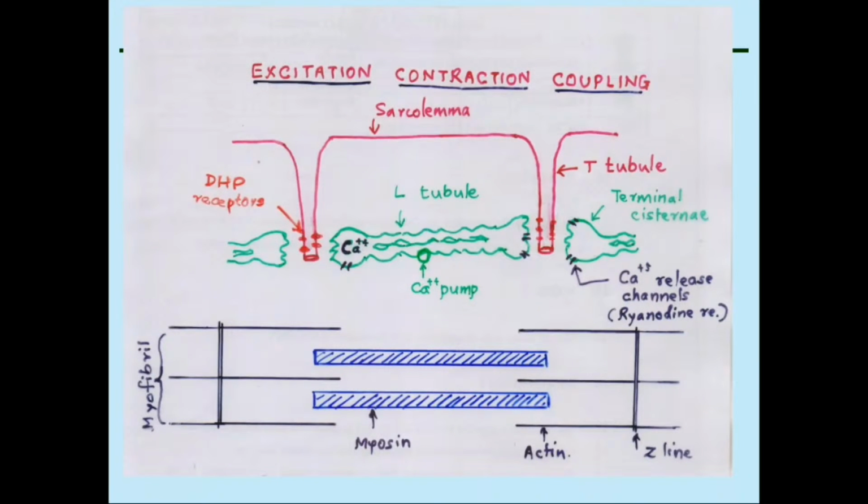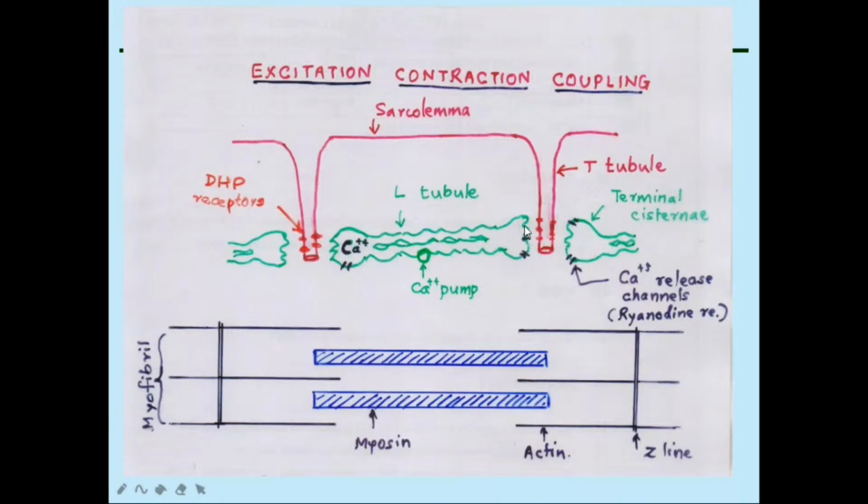Right. So you can see here, this is the sarcolemma, that is the cell membrane of the muscle cell. I'll be talking about the T tubules shortly. These are the T tubules, and these are the L tubules of the sarcoplasmic reticulum, and these L tubules have projecting portions which we call junctional feet or terminal cisternae.